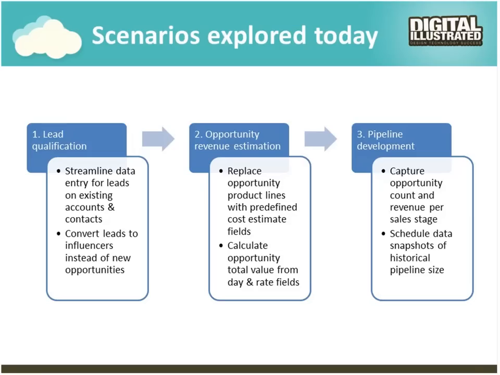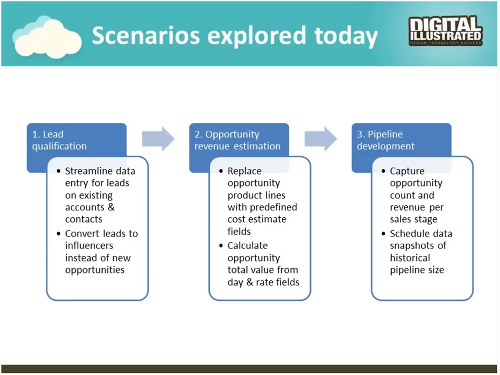In the first scenario, I'll be looking at how we could streamline the data entry for leads that are related to existing accounts and contacts, and also how to convert or qualify leads without creating a new opportunity.